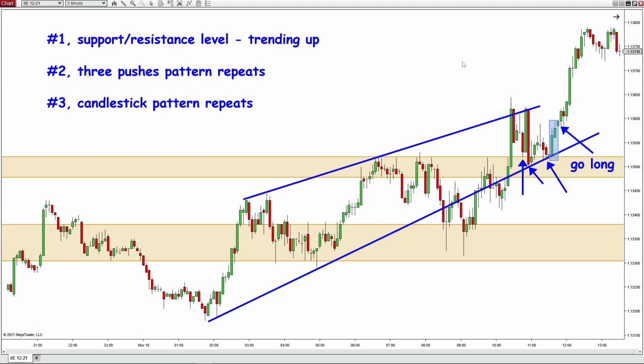Let me show you. So this is the first leg up because it's continuous bull bars here. And then there is a consolidation here with a range. And then we are expecting the second leg up. So we measure from the bottom of the first bull bar.